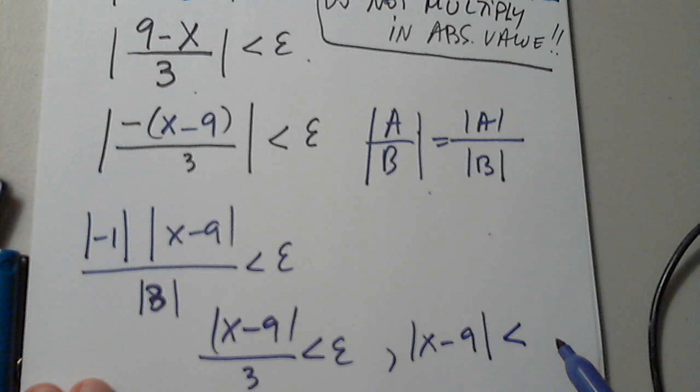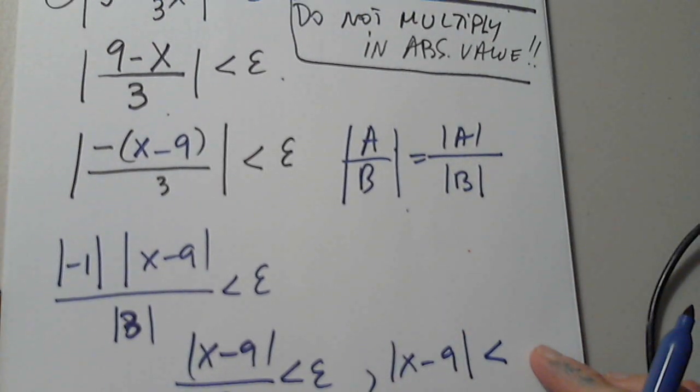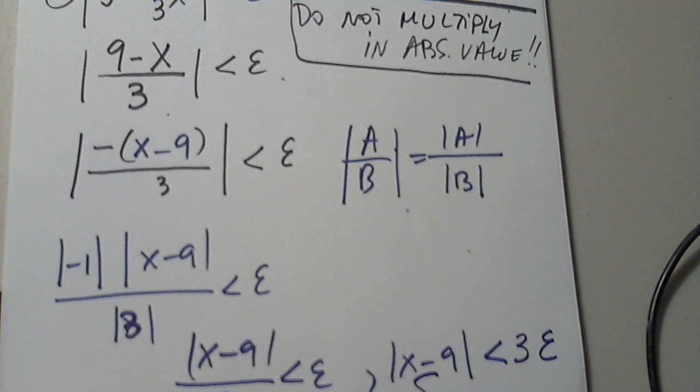So what do I get? Excellent. What do I get on this side? Three epsilon. Can anyone give us delta now?